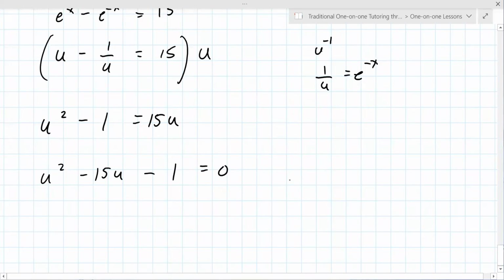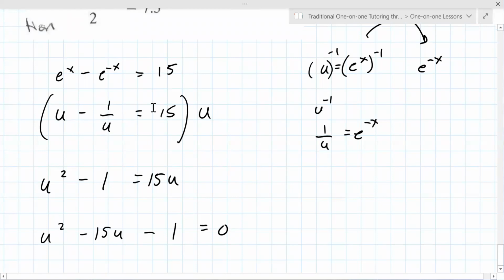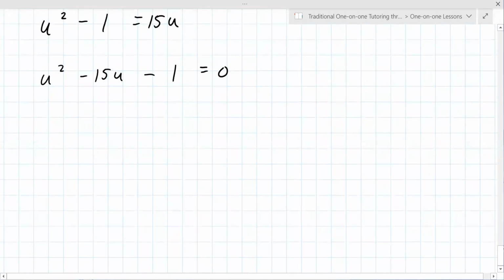This one doesn't factor real well, so you have to use the quadratic formula. Your a is 1, your b is minus 15, and your c is minus 1.